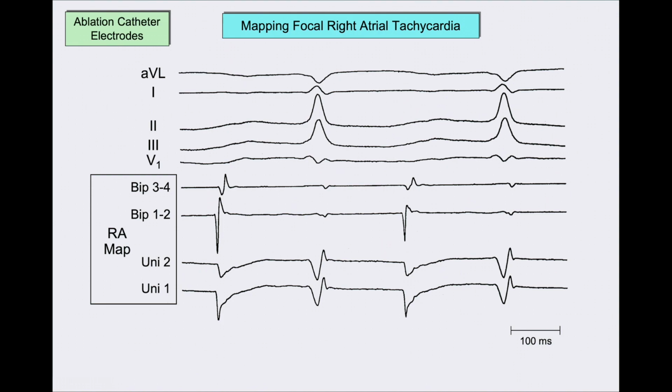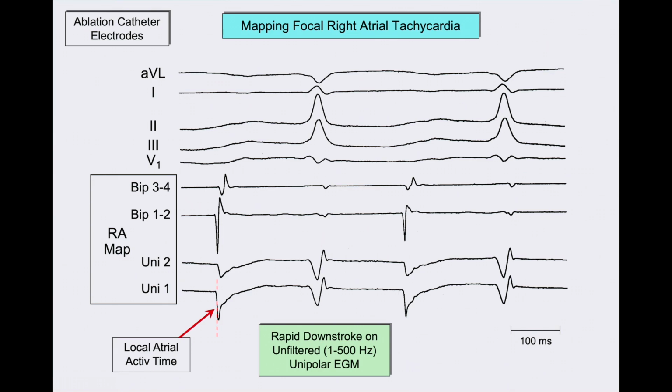Well, this is an ablation electrode, so the mapping system marks the location of the tip of the catheter, so we always want to record the timing of the tip of the catheter, so that means we're going to measure the activation time from Uni 1, which is the distal electrogram. We're going to take it from the sharpest component of that downstroke in the unfiltered electrogram, 1 to 500 hertz.